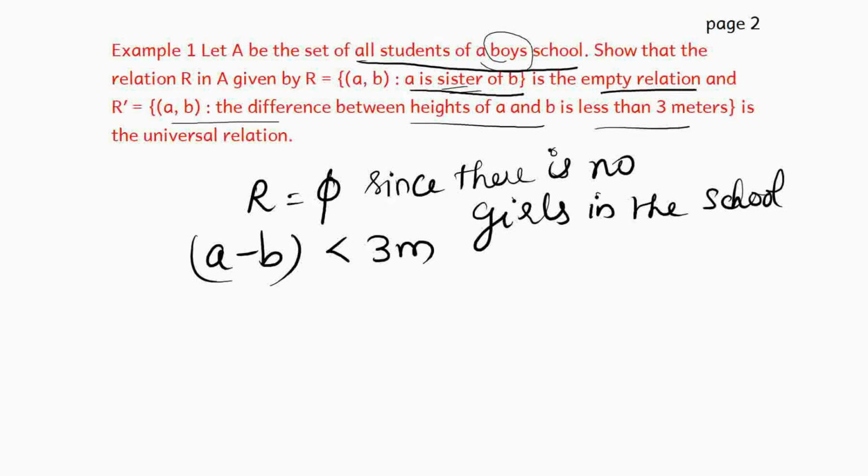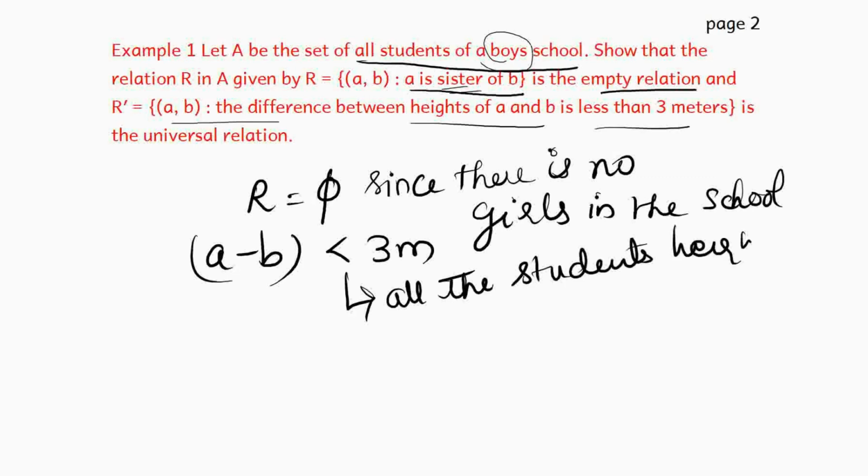So the set containing the height of the student will have mapping to the other pair. If all the elements of set A have mapping to the other set, then we call it a universal relation.